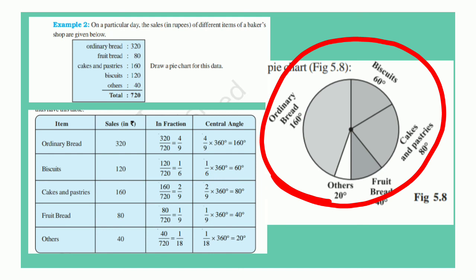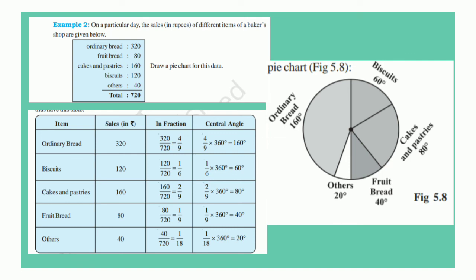You take a 3 centimeter radius circle and draw a radius 3 centimeter line on the graph, and by using a protractor measure 160 degree and draw another line here, and from that line you draw 60 degree by using the protractor, and so on, 60 degree, 80 degree, 40 degree, and 20 degree. You will get a total of 360 degree. So this is known as a circle graph or pie chart.